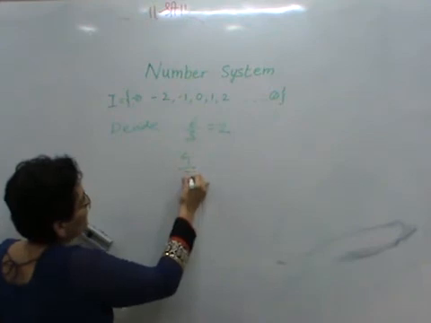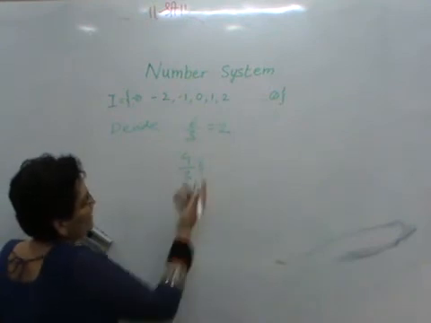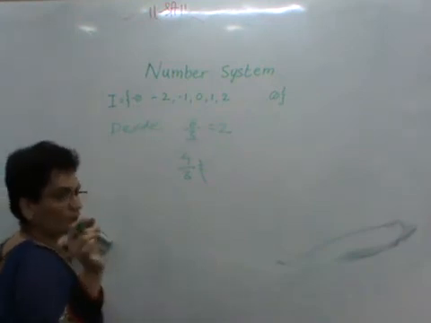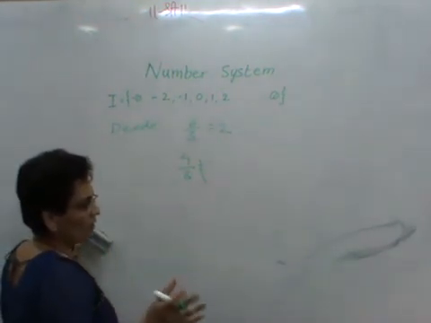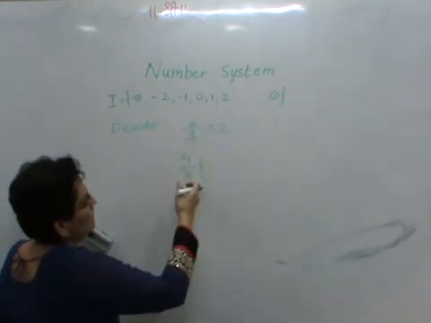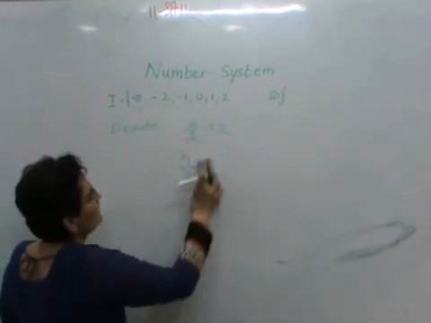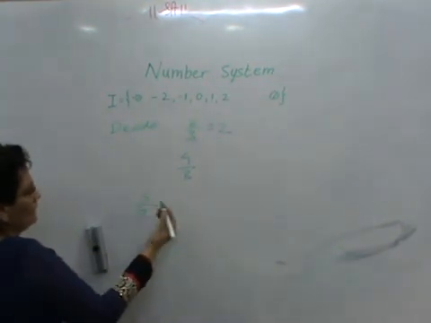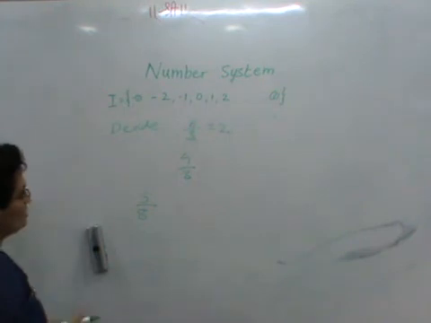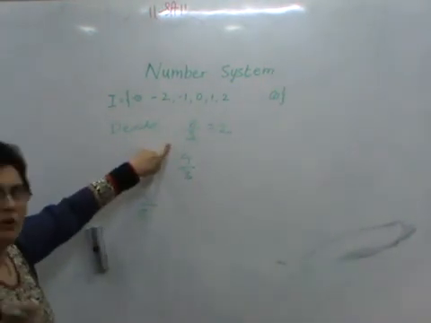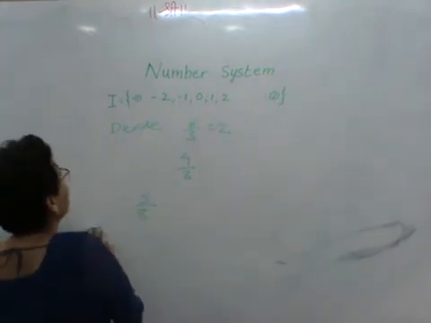But 4 upon 3 is not a natural number, because you don't get a number which is natural. 5 upon 8 is not a natural number. So if you divide any natural number by another natural number, you may not get a natural number.